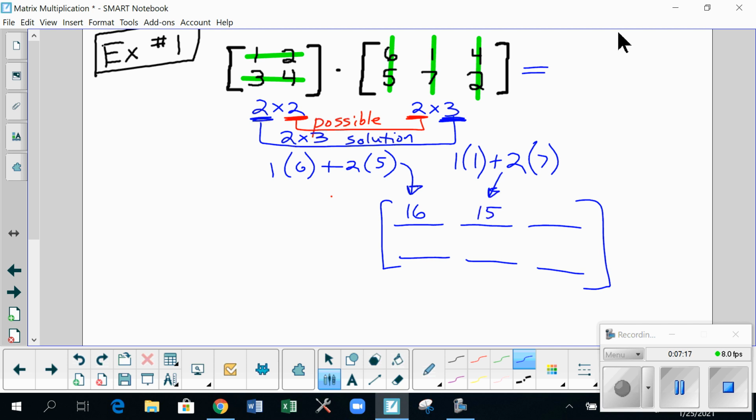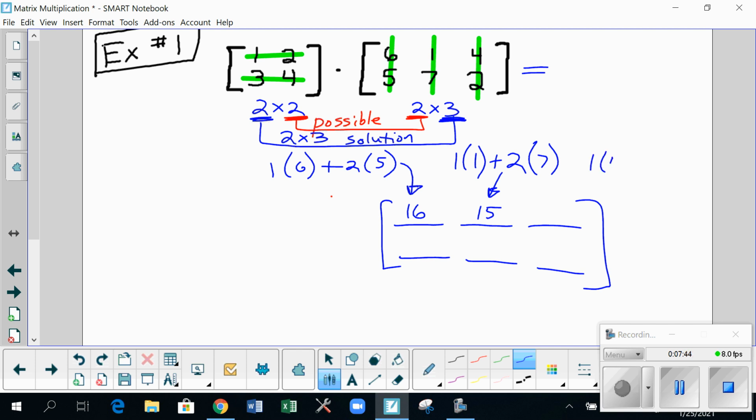And then finally, to get my last answer in the first row, I'm going to combine my elements in the first row of the first matrix, the 1 and the 2, with the right-hand column of the second matrix, the 4 and the 2. I need to combine this 1 and 2 with this 4 and 2 to get my top right answer, and it works like this: the 1 times the 4 and the 2 times the 2.